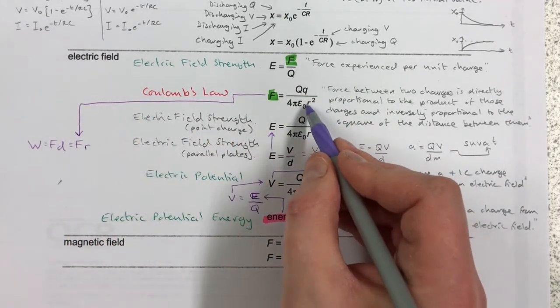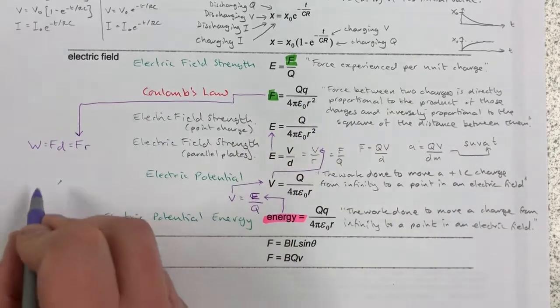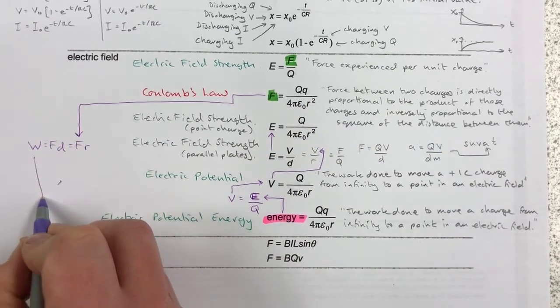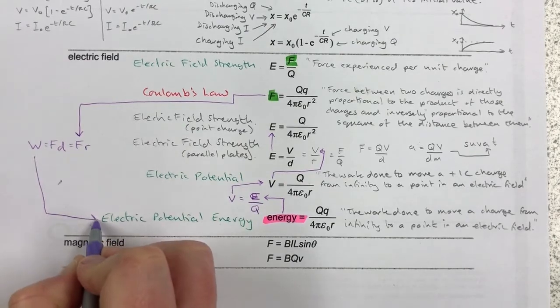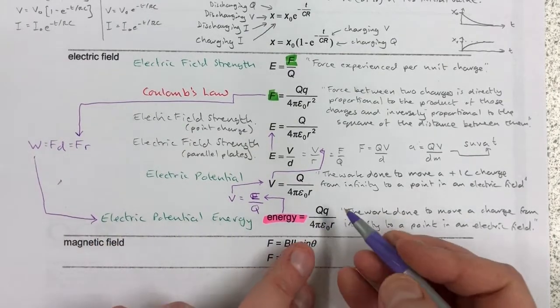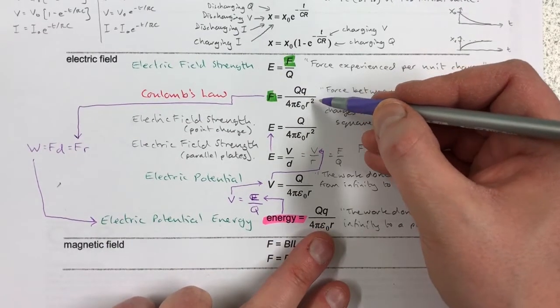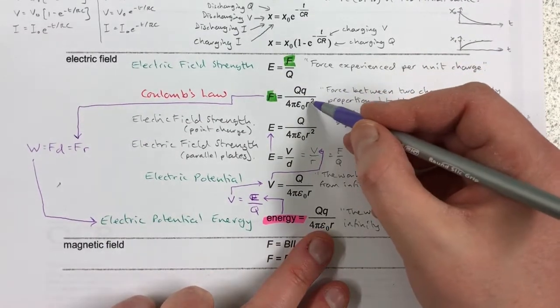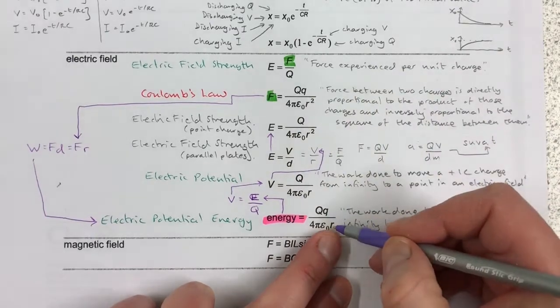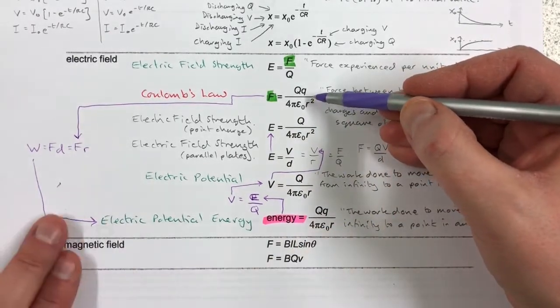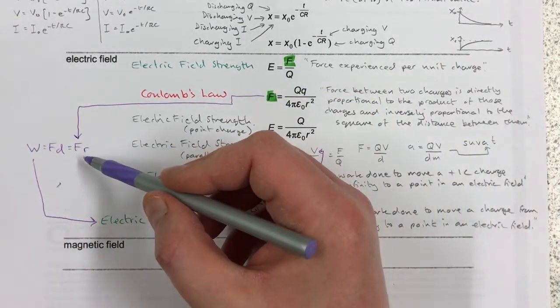That means I'll lose the r squared, it will just become r, and that represents where my electric potential energy equation comes from. So the difference between these two equations, this one here and this one here, is that the one at the top for force has got r squared, and the one at the bottom doesn't have r squared, and the reason for that is because of this equation over here.